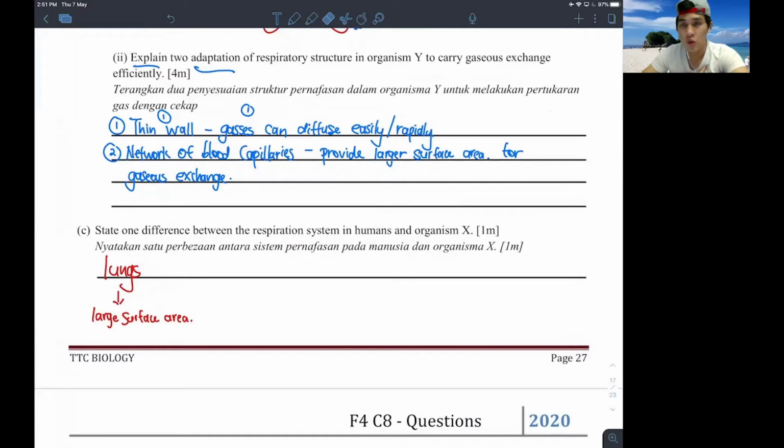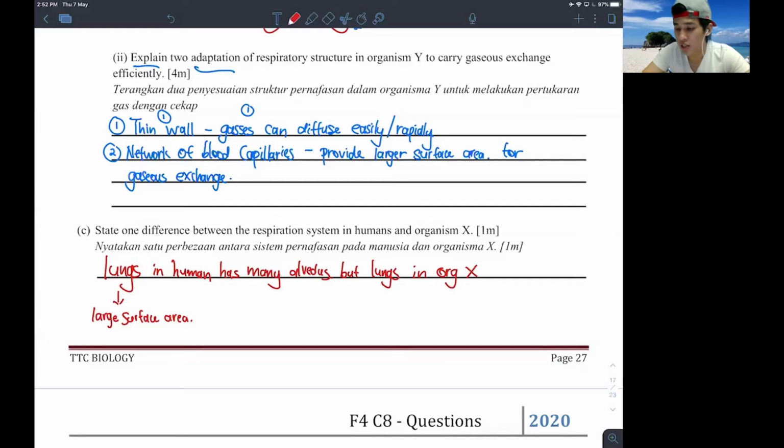So in human, to achieve large surface area, you can say lungs in human has many alveolus. Remember, large number, numerous, this keyword, the explanation is to provide large surface area. But in frogs, they don't have alveolus. Gases exchange doesn't occur in the alveolus.